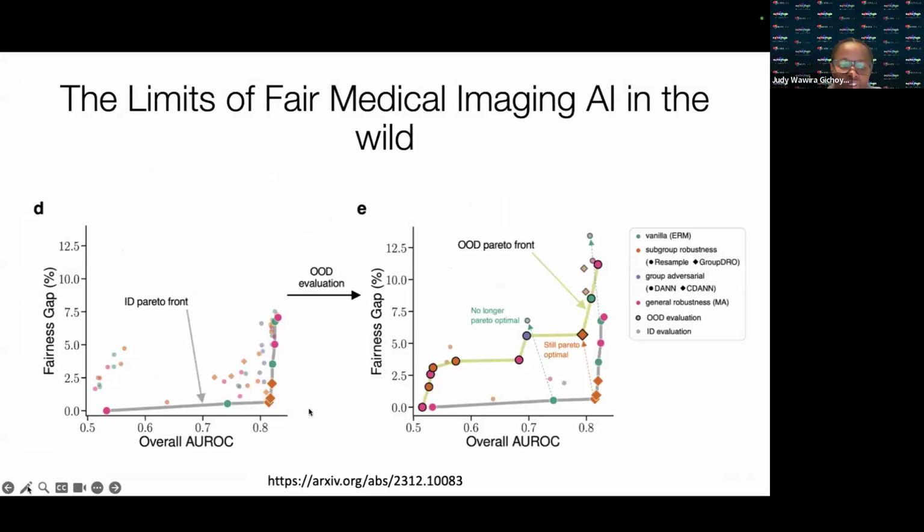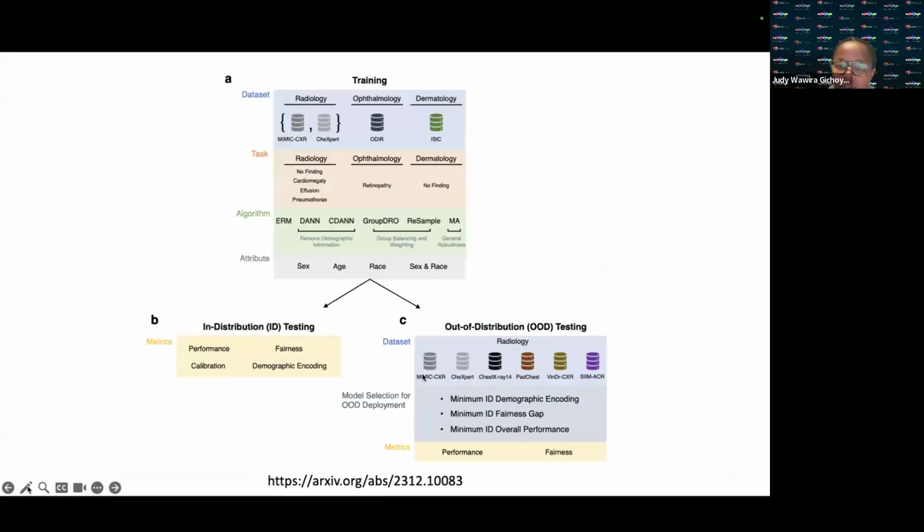This is a paper that would require a whole day's session to discuss. But essentially, we look at several data sets and their degree of encoding demographic attributes, including sex, age, race, and sex and race. Then we look at performance and fairness, and what the difference in demographic encoding means for overall performance and the fairness gap. The models that encode race the most have the worst fairness gaps.